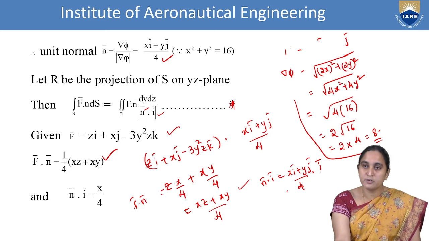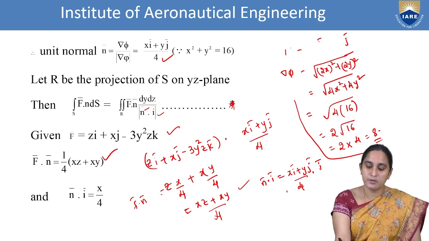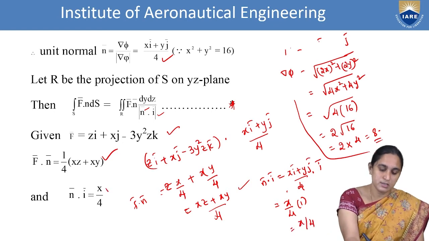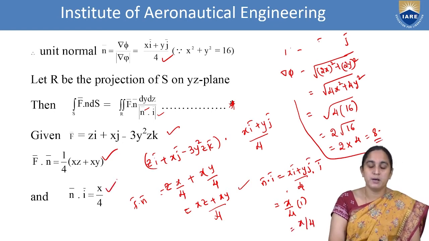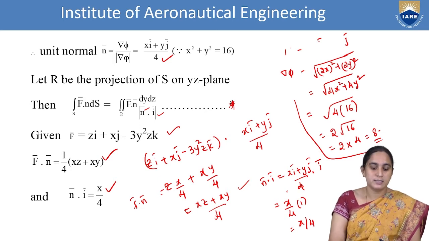Here the i bar coefficient for the first vector is x by 4, right? And here the i bar coefficient is 1. Therefore, x by 4 into 1, that is x by 4. That is n bar dot i bar. Therefore, F bar dot n bar is equal to 1 by 4 into (xz plus xy), and n bar dot i bar is equal to x by 4.